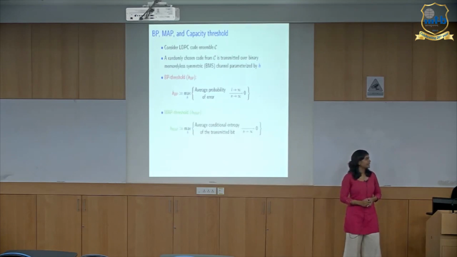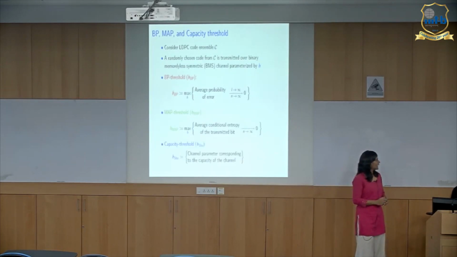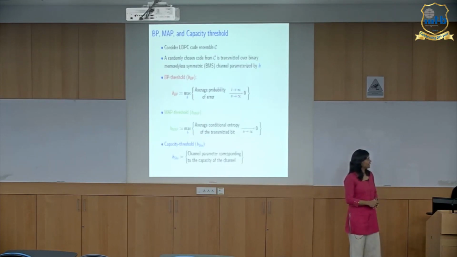Now, the next quantity that I want to define is the MAP threshold. This MAP threshold is defined as the maximum value of the channel parameter such that the average conditional entropy of the transmitted bit for the infinite length code goes to 0. And then the third quantity that I want to define is the capacity threshold.